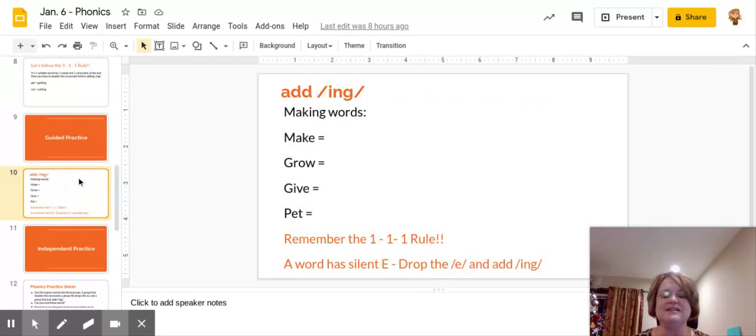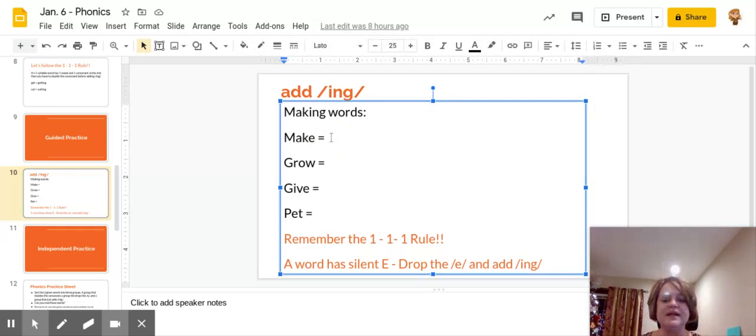So for guided practice today, go ahead and get out your whiteboard, or get out your notebook or your paper that you're keeping your notes in, and you're writing these things down. Today, let's go ahead and make some words and see if we can figure out what we need to do. So the first one is make. So go ahead and write the word make. And let's see if we can remember what is the rule. I'm looking at this and I see that this rule is the drop the E rule.